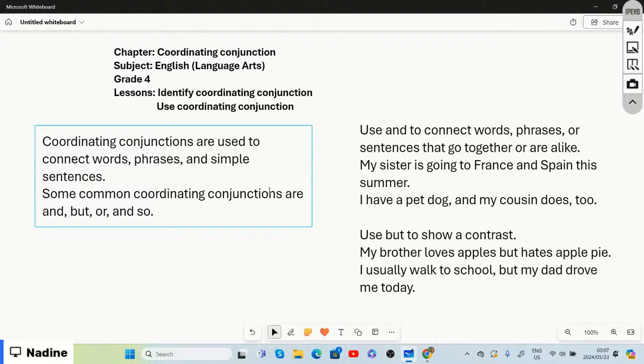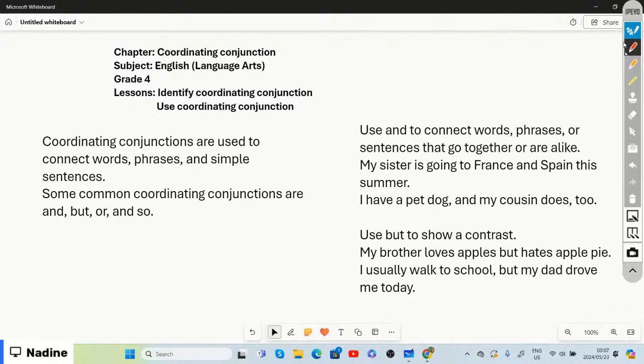And some of the common coordinating conjunctions that we mainly use are words like and, but, or, and so. Those are the most common coordinating conjunctions.